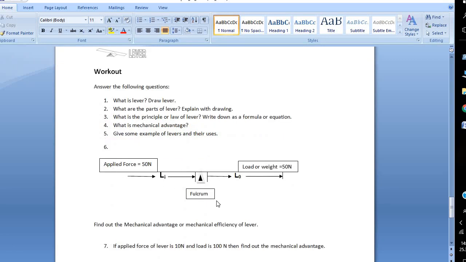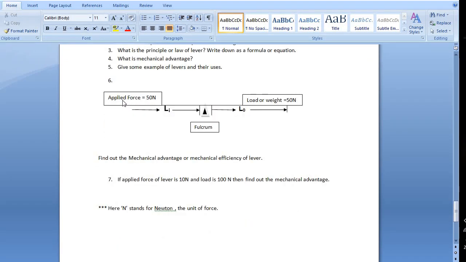So here is the simple math. Number 6: the applied force is 50 Newton and the load is 50 Newton. Here is a fulcrum, and the question asks you to find out the mechanical advantage or mechanical efficiency of the lever. It's a very simple question, and you just give the formula.